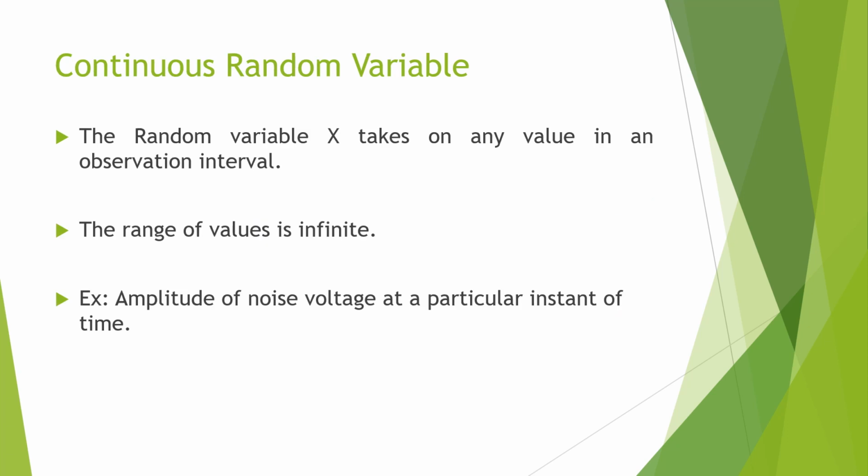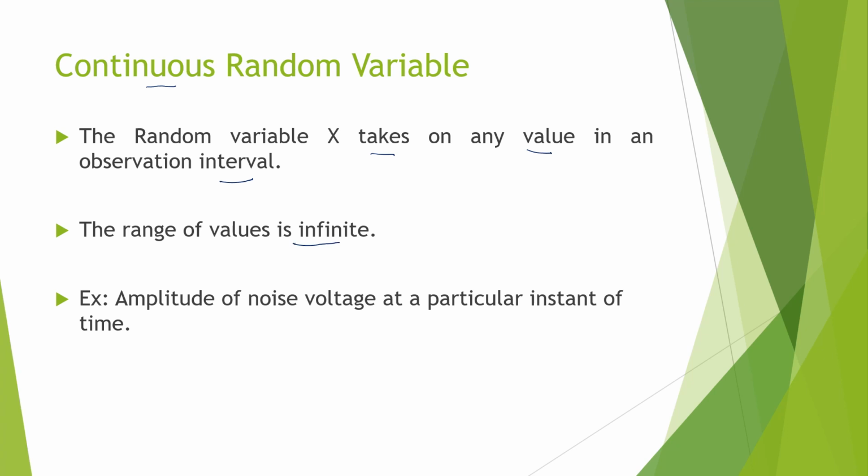Now the continuous random variable. As the name emphasizes, it is continuous. The range of values here is continuous. That is, it has an infinite number of values. So a random variable that takes on any value in an observation interval is known as a continuous random variable. So here the range of values is infinite.